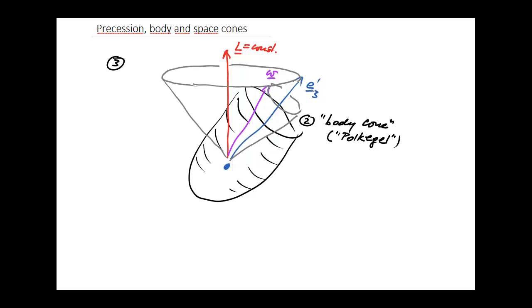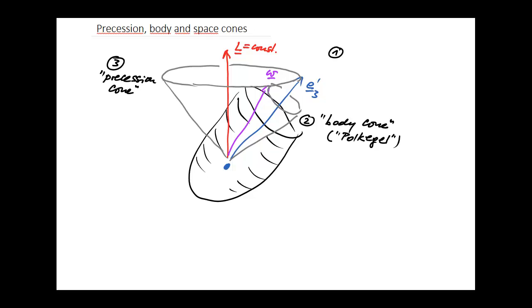And this cone has another special name. This is called the precession cone. And the German word for that is Präzessionskegel. So the figure axis precesses around the angular momentum. It's a precession cone.